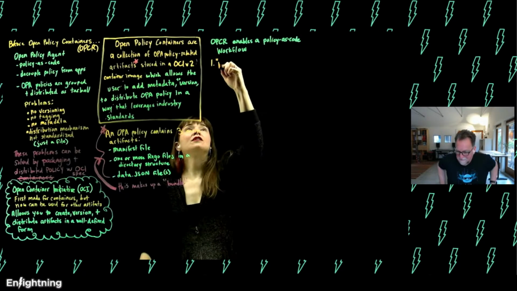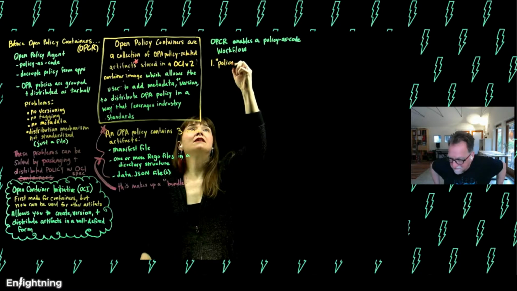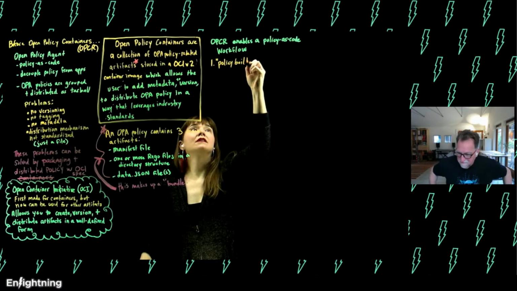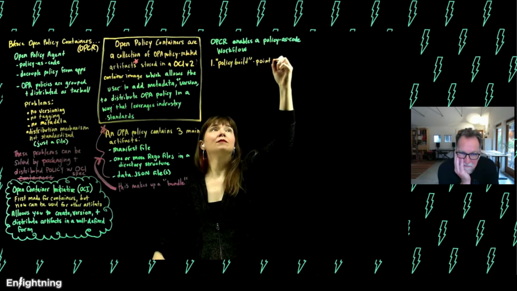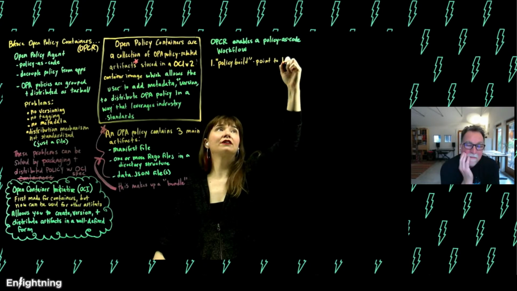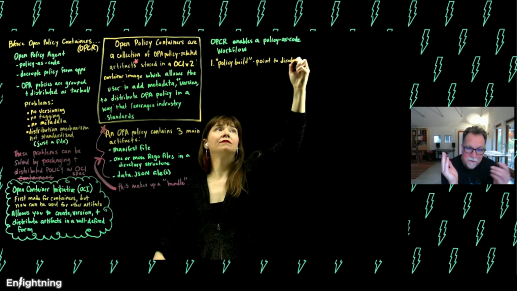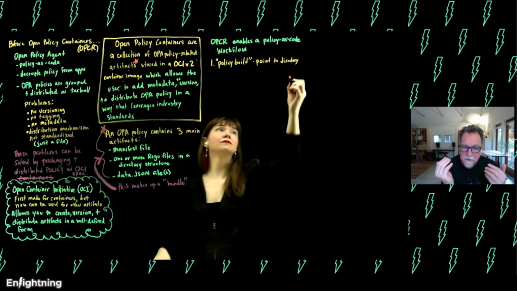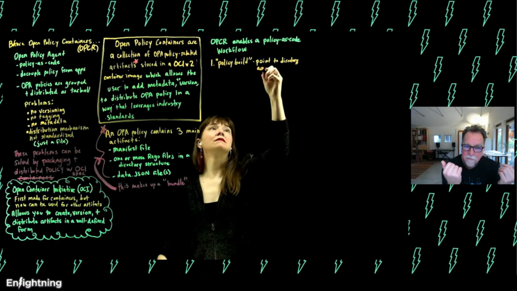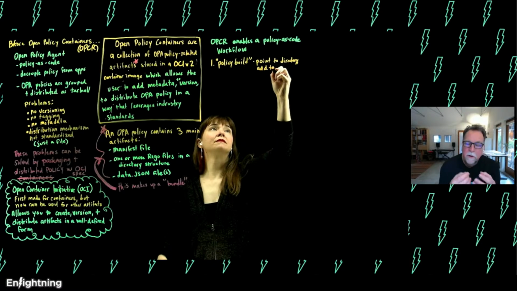So policy build, point to the directory where your source is, and then a tag that creates a local policy image. And that's exactly what Docker build does.